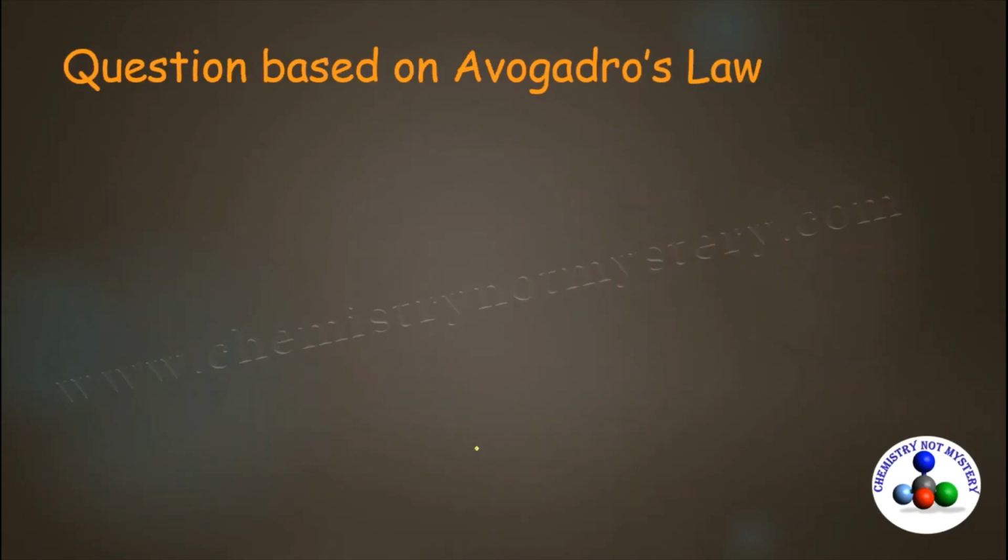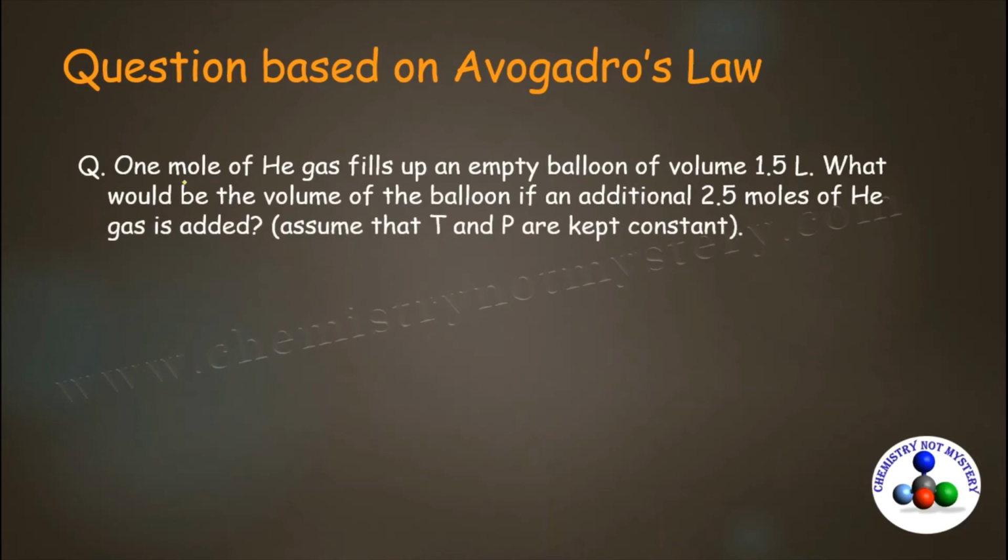So let's solve one question based on it. 1 mole of helium gas fills up an empty balloon of volume 1.5 liter. What would be the volume of the balloon if an additional 2.5 moles of helium gas is added? Assume that temperature and pressure are kept constant.